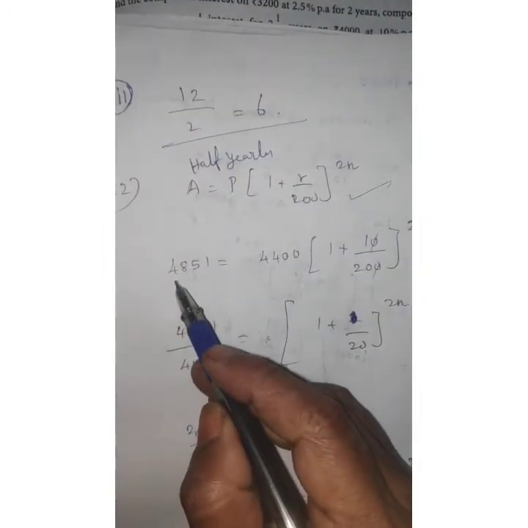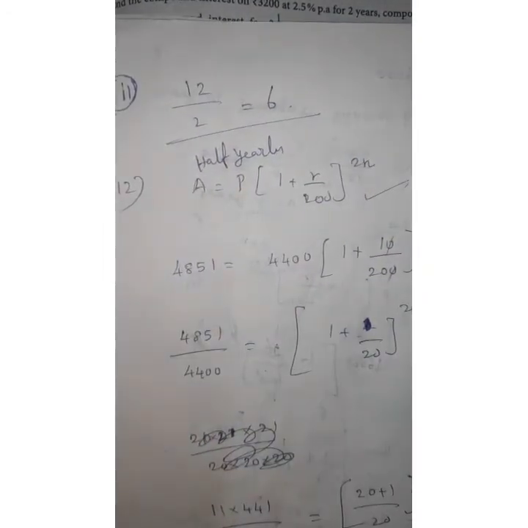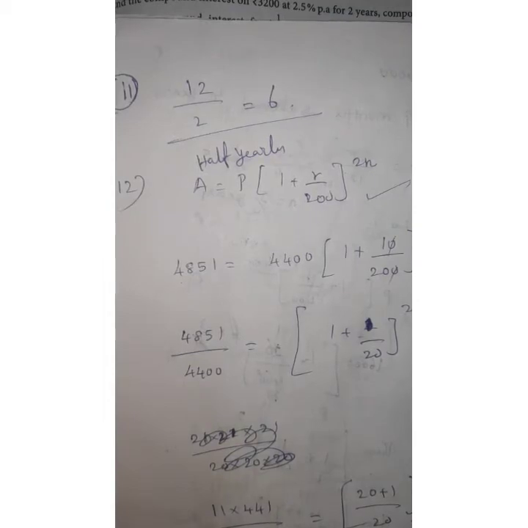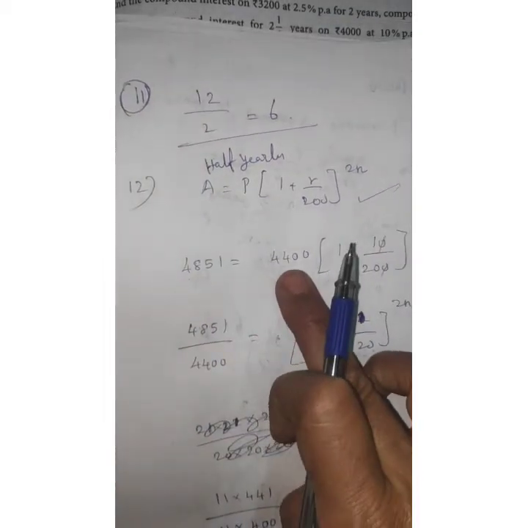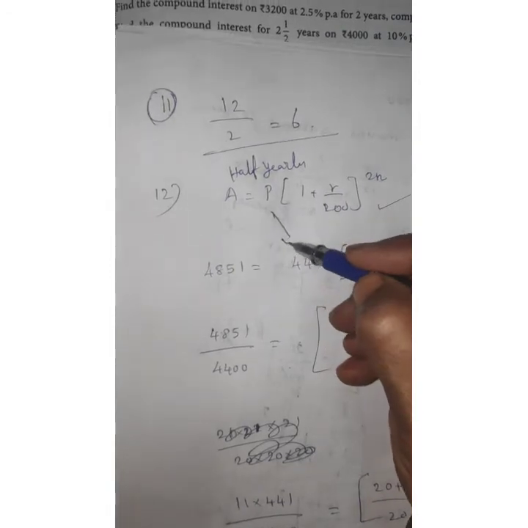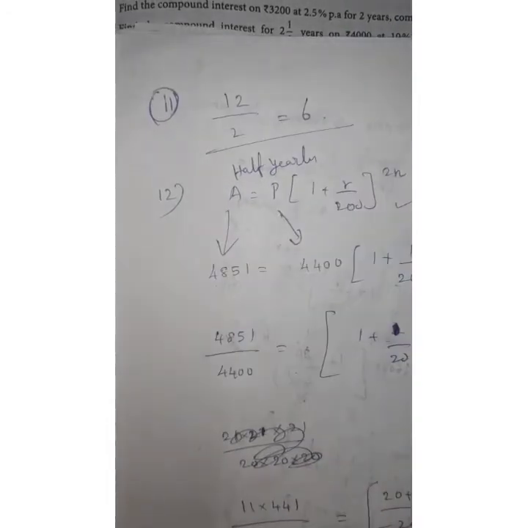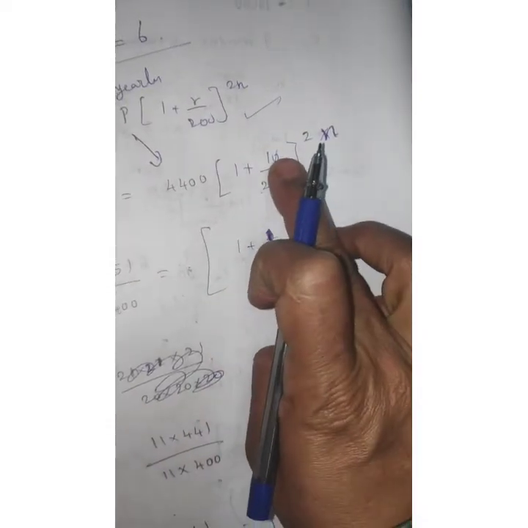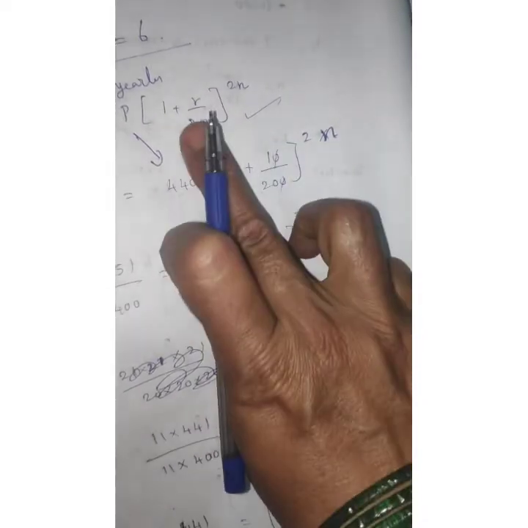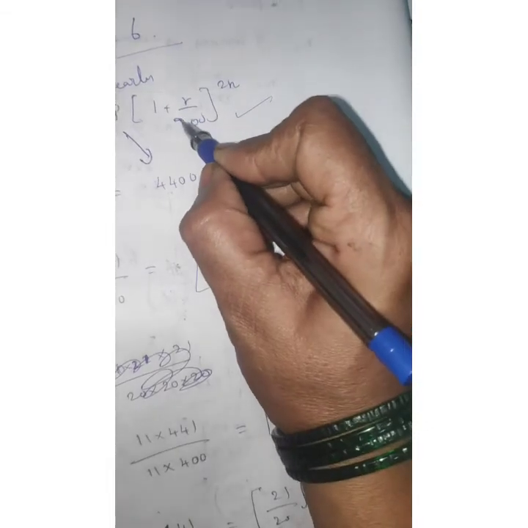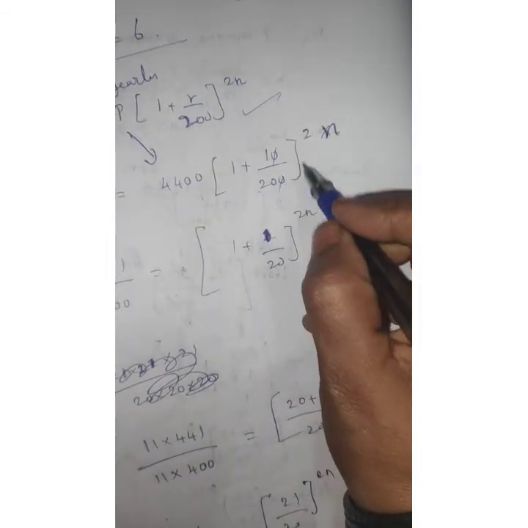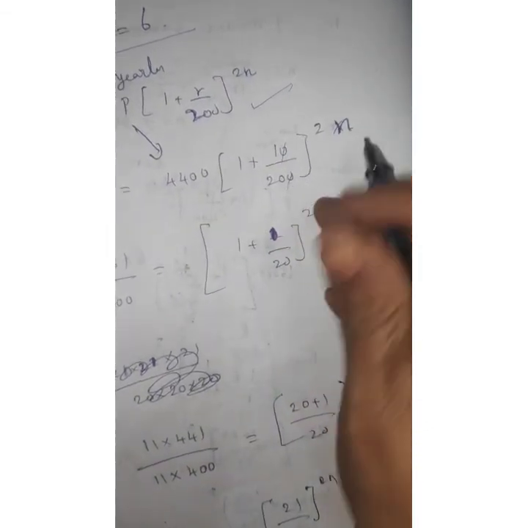A value equals 4,851, given in the question. P value equals 4,400. A value equals 4,851. Start the bracket: 1 plus 10 by 200, whole power 2n. Strike out the zeros.